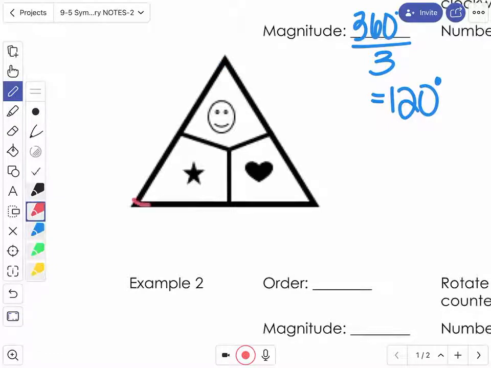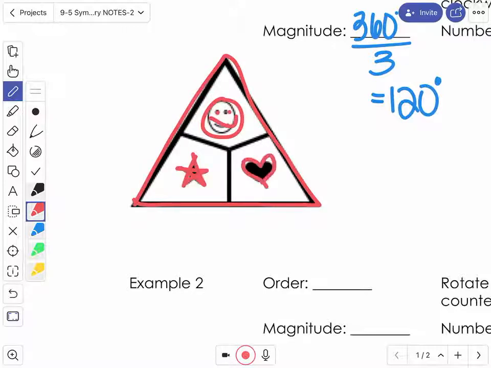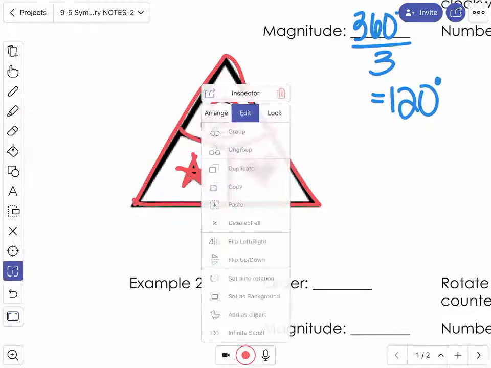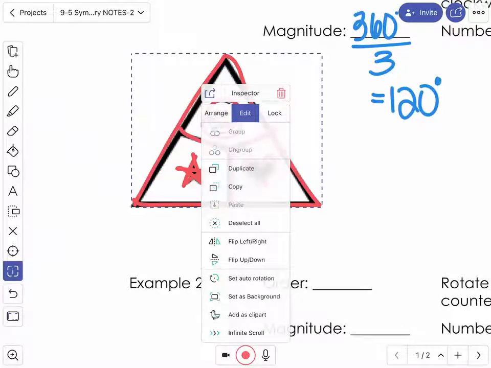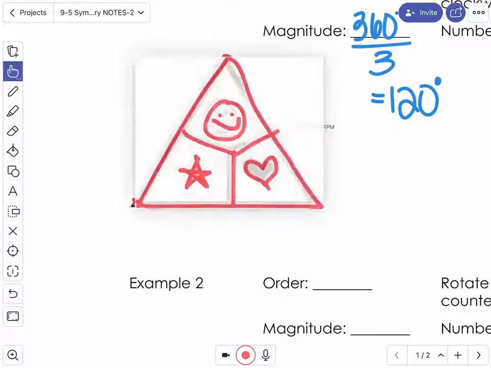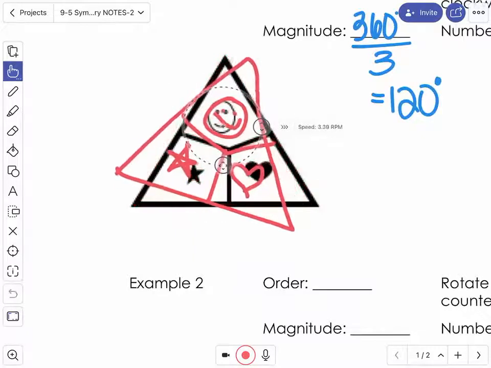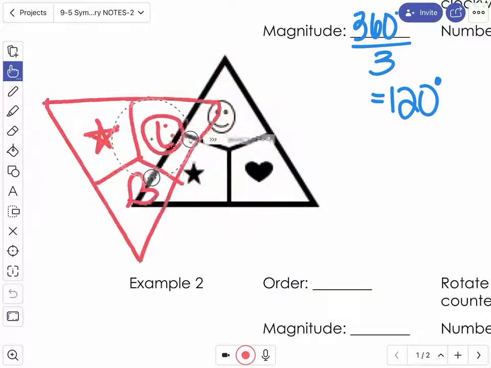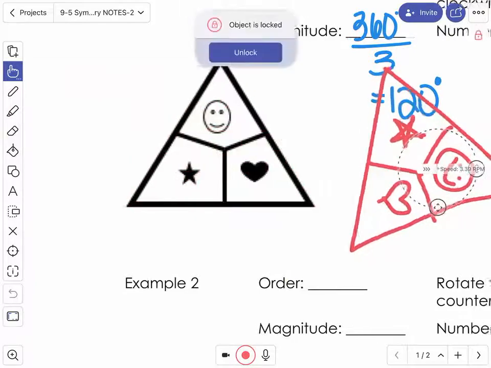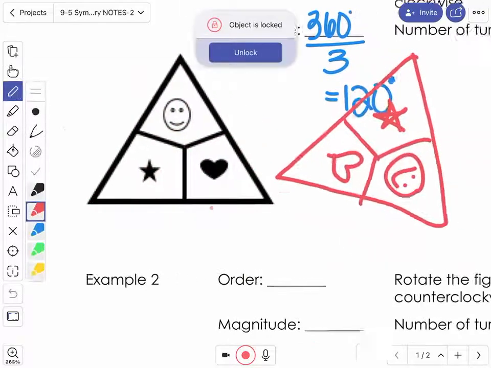So let's get this original one up here, and there's our dividing spaces.